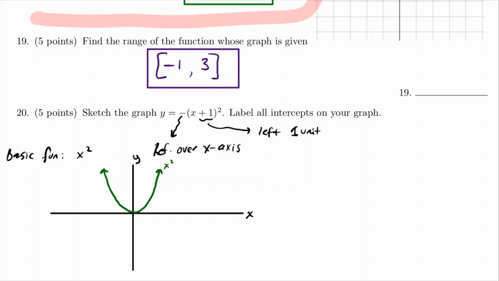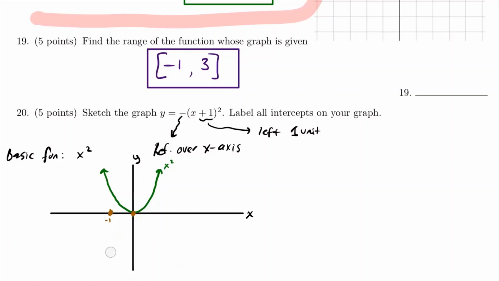And we're going to reflect over the x-axis, so it's going to look like this. Again, do your best when it comes to sketching. It passes through the point (0, 0). So this is the graph of -x squared. And then (x plus 1) squared is just going to go left 1 unit, and you make the same shape.